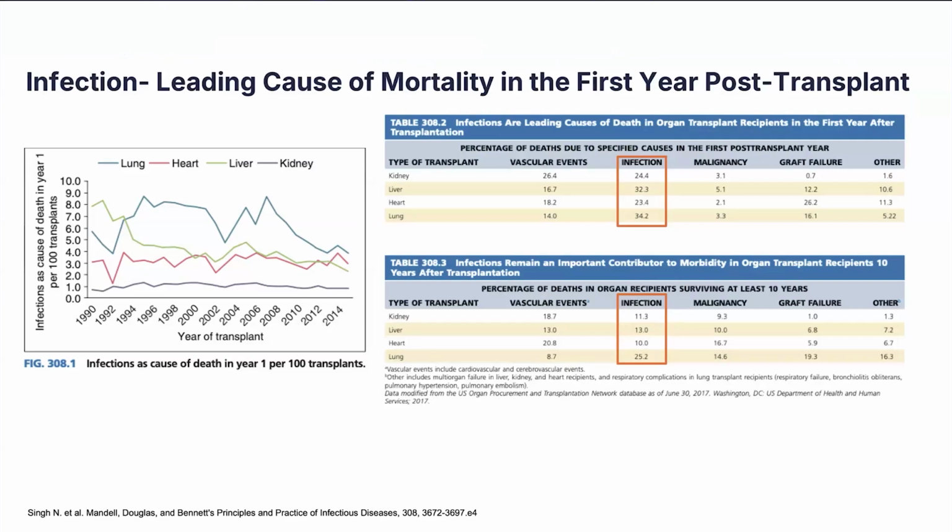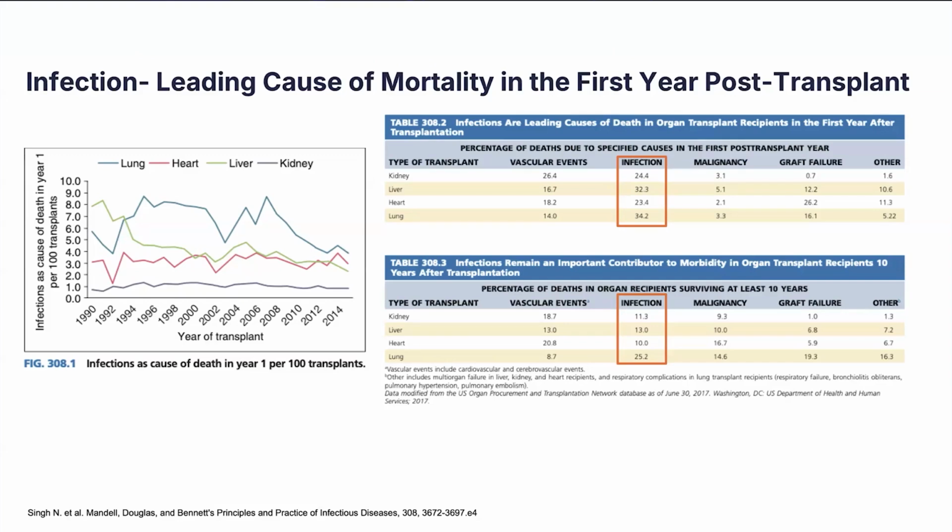And while on the subject of infections and transplants, an important factor to consider is that despite all the advances that have been made in transplantation surgical techniques, diagnostic methodologies, and prophylactic strategies in the last 3 decades, infection remains a problem across all transplant types.